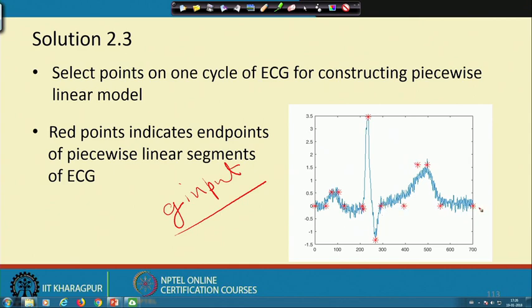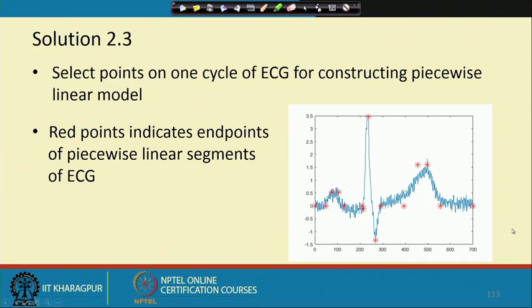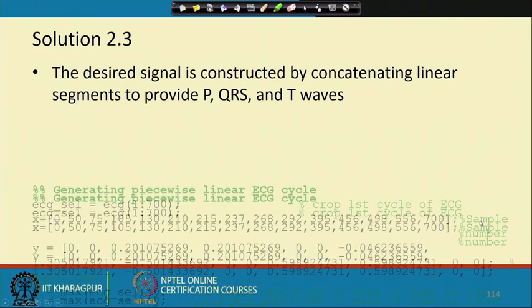With that, we are able to capture the x and y coordinates of the points where we have clicked. So, let us see how that looks.